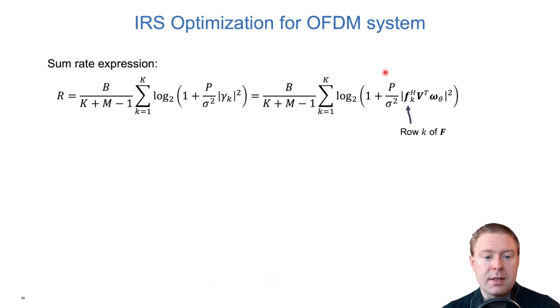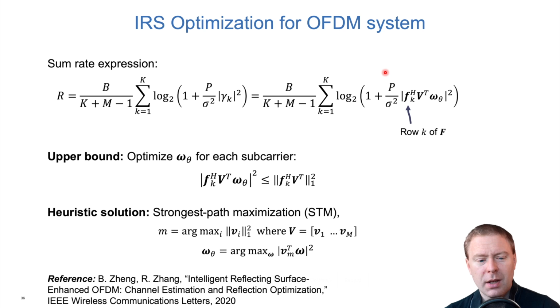Okay, this is the sum rate expression, the rate over all of the subcarriers. How do we select the configuration in this case? That is the difficult thing. Ideally, we would like to select a different configuration on each subcarrier. So as an upper bound, assume that we could do that. Well, in that case, we should select omega to match with this term here.